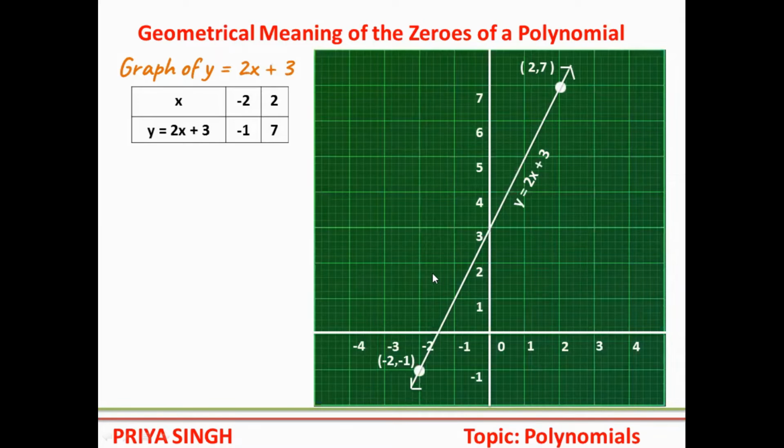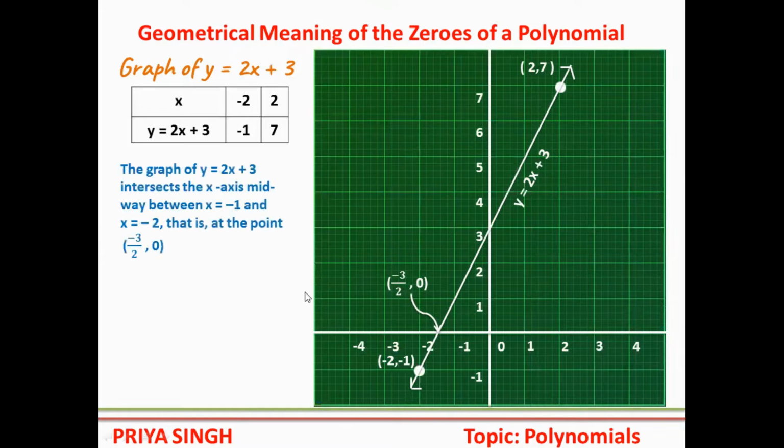Now I am just going to find out the intersection point of this line with the x-axis. If you can see, it is between -1 and -2, that is (-3/2, 0). See here students, the graph of y is equal to 2x plus 3 intersects the x-axis midway between x is equal to -1 and x is equal to -2.